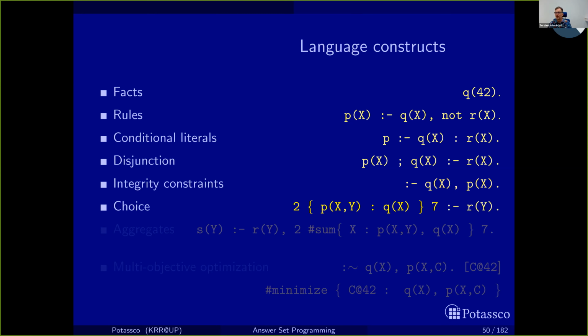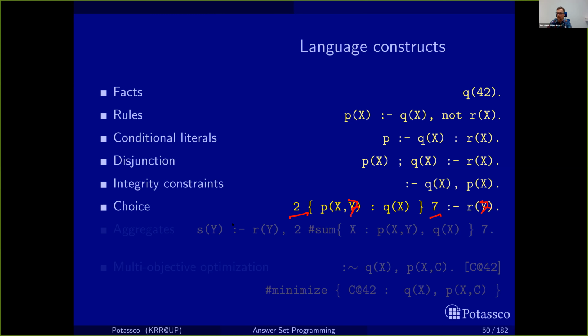Then what is also often very useful for modeling are choices, where the idea is you fix your y here. Let's say you write a 7, and then this is replaced by 7. And then you accumulate, this is now a set. You accumulate all instances of p(x,7) for which q is true for x. This gives you a set of instances of p, and then you have to pick at least 2 of them and at most 7 of them.